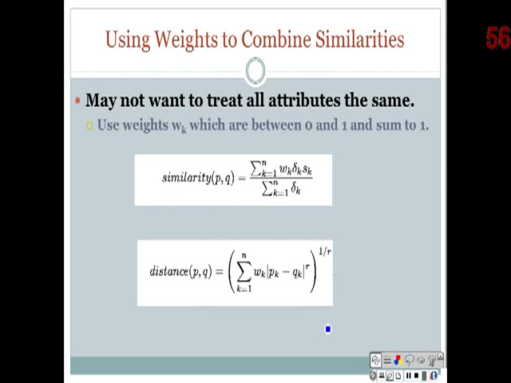This is an important concept of the weight, because sometimes your data has different attributes and each attribute has a different importance than the other. So in this case, you add a weight on each attribute, and this weight will be different for different attributes. It's not so far from what we saw before.